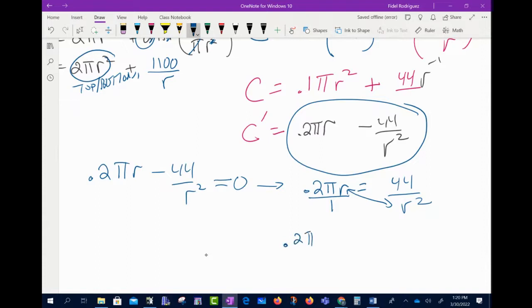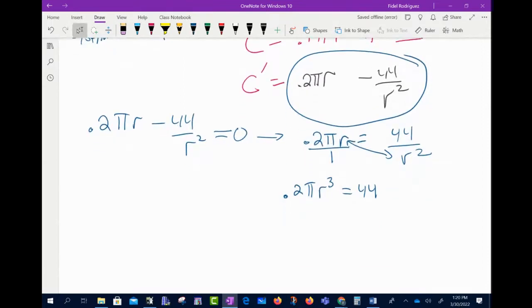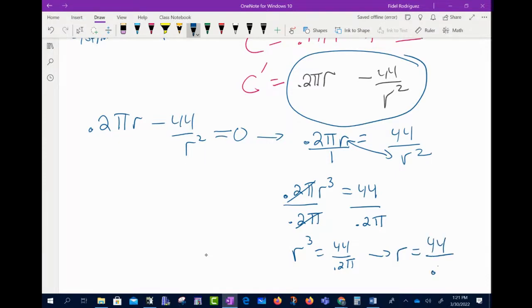So that gives me 0.2 pi r to the third equals 44. To solve for r to the third, I'm going to divide everything by 0.2 pi. And then to find r, we take 44 over 0.2 pi, and on my calculator, raise it to the power of 1/3.